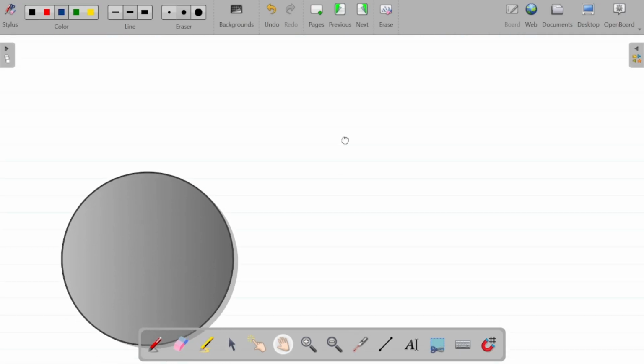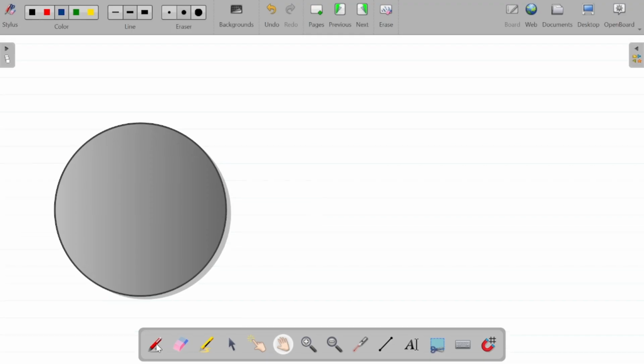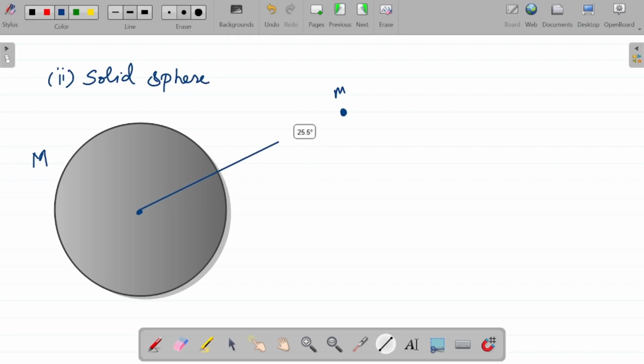In case of a solid sphere, second case, let's say here we have a body of mass small m, and here we have the mass of this sphere, capital M, and here we have the center, and this is the line joining. Now this distance is r.